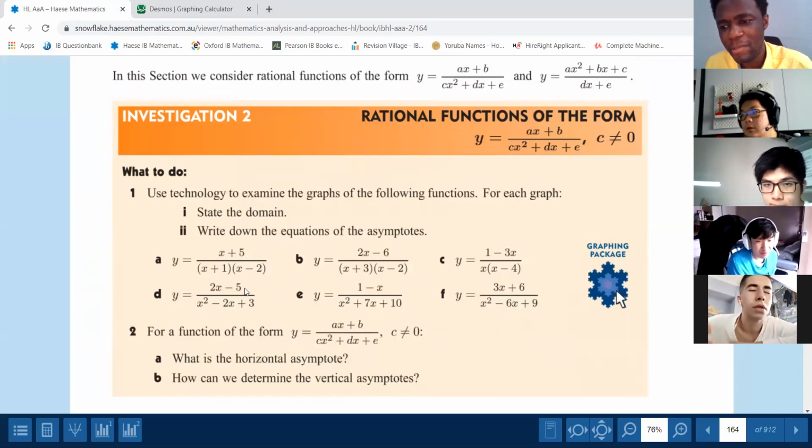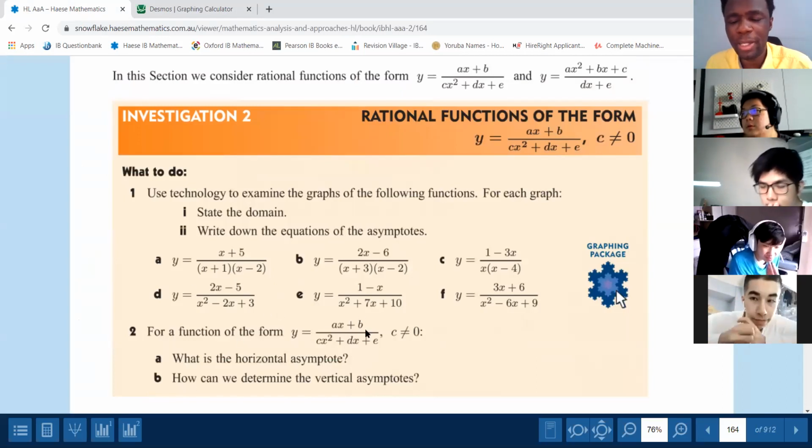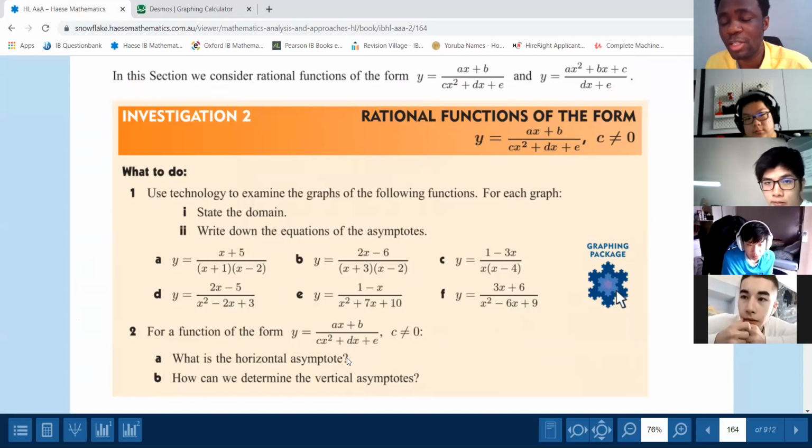Right. Remember, the asymptote is when x tends to infinity. When x tends to infinity, this will become so big, so a fraction divided by something big will be 0.